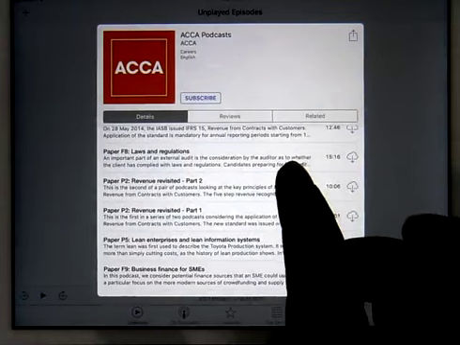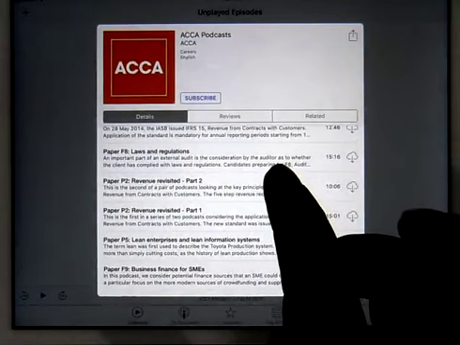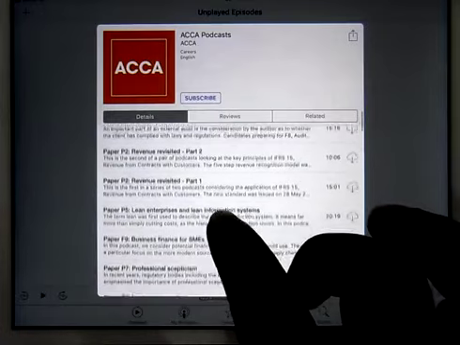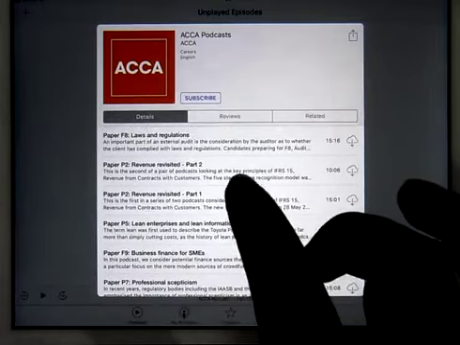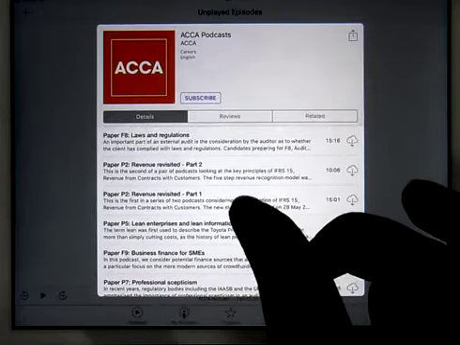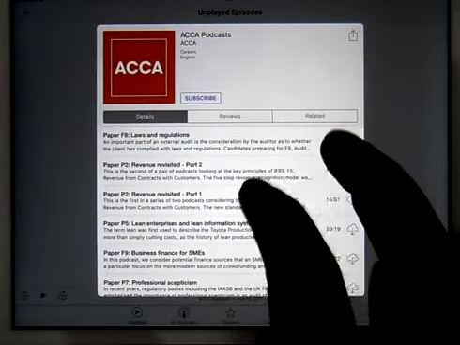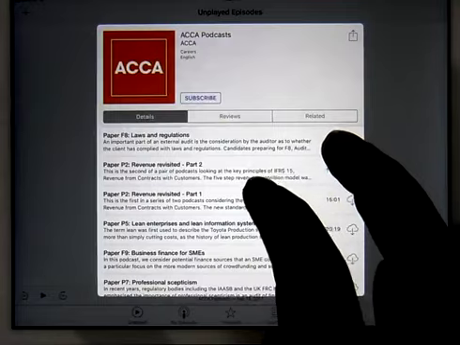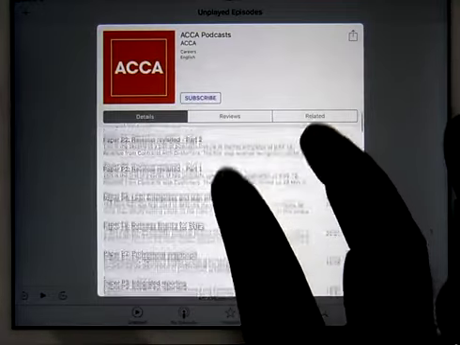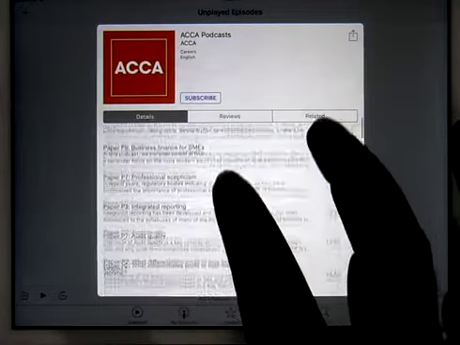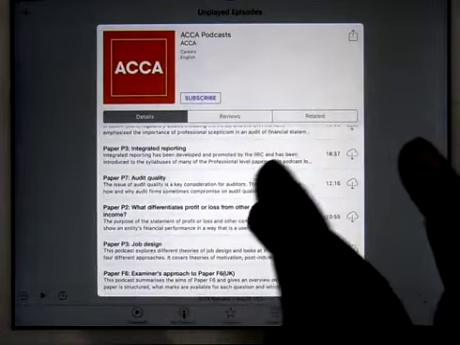F8, law and regulation, yes. Got it? Then I think you better go through this too. P2, revenue revisited. You better go through this one. Are you clear? Just know about revenue. P7, professional skepticism. P7, audit quality.